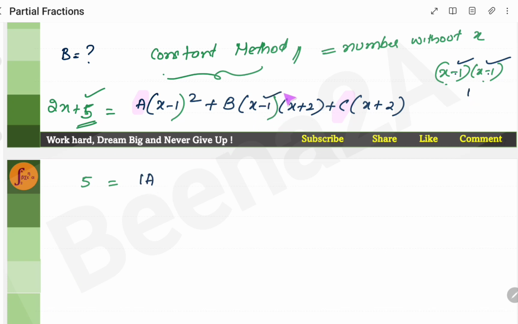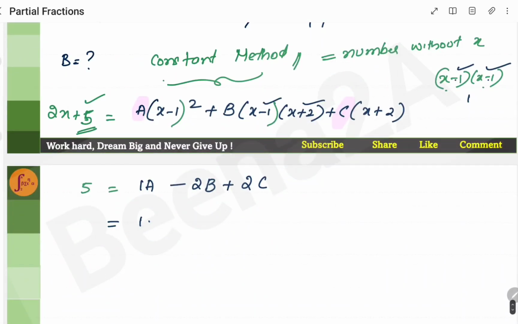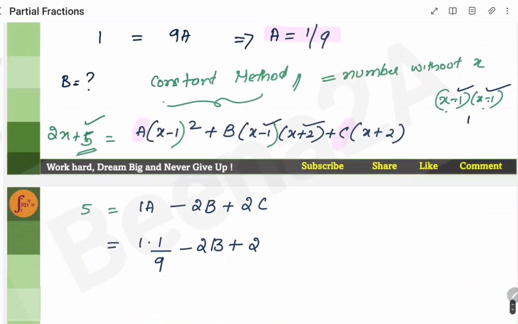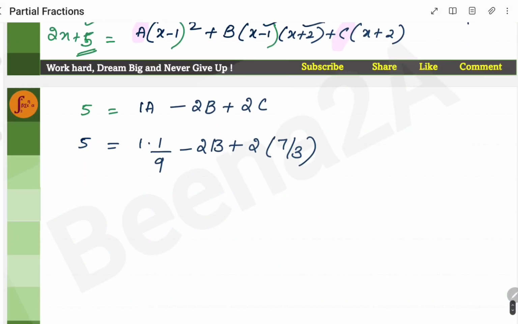Here again, just take the numbers. 2 into minus 1 is minus 2, so minus 2b. Here, the only number is 2. So 2c. Now we'll substitute the value of a. What is a? 1 by 9. B we have to find out. C was 7 by 3. Now we'll solve this.